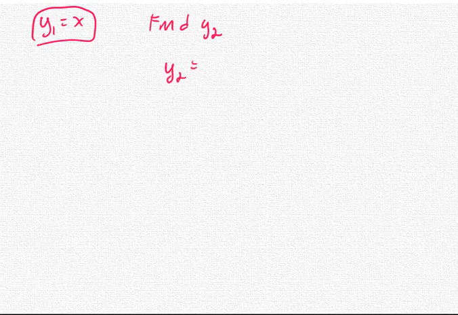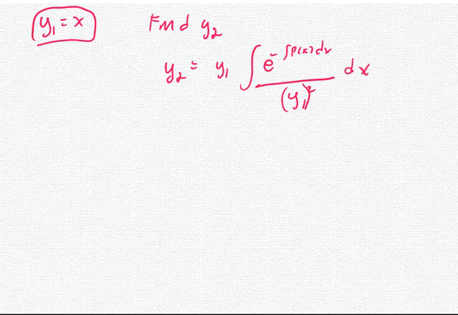As y_1 equals x, we're going to find y_2 using the formula y_2 equals y_1 times the integral of e to the negative integral of p(x) dx divided by y_1 squared with respect to x.